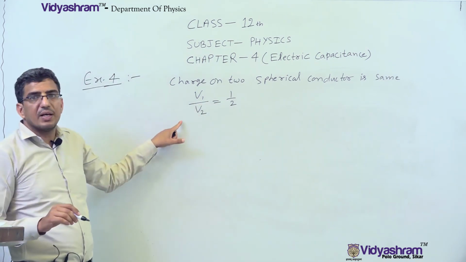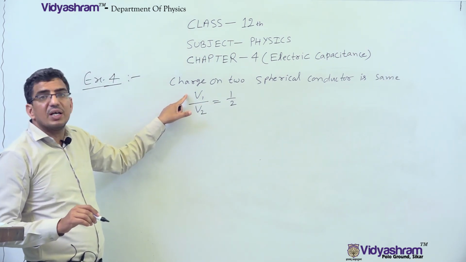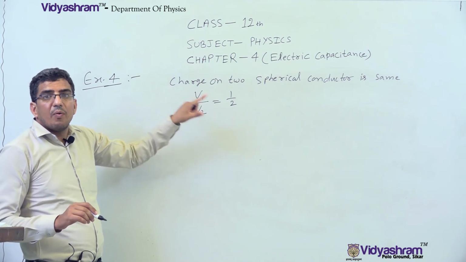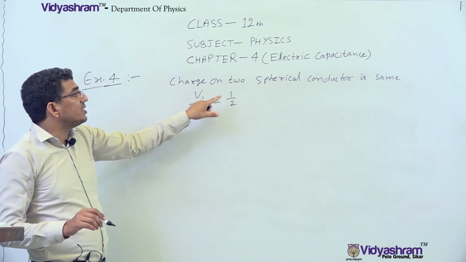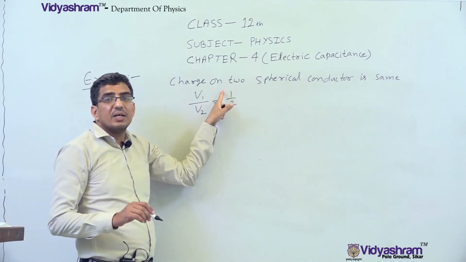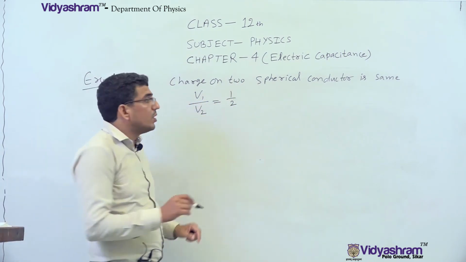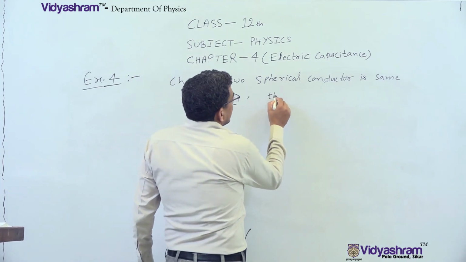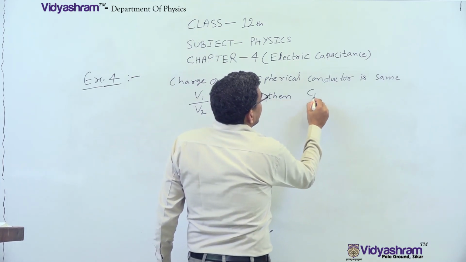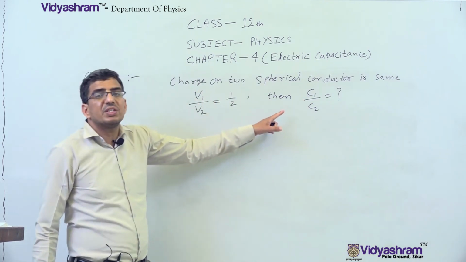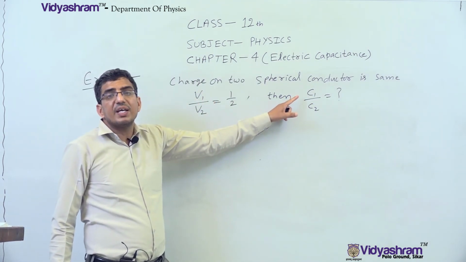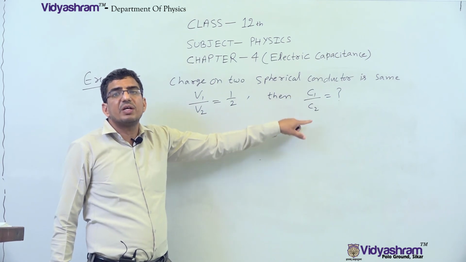The electric potential of the first spherical conductor is 1 and of the second is 2. Then find the ratio of their capacitances, C1 upon C2.